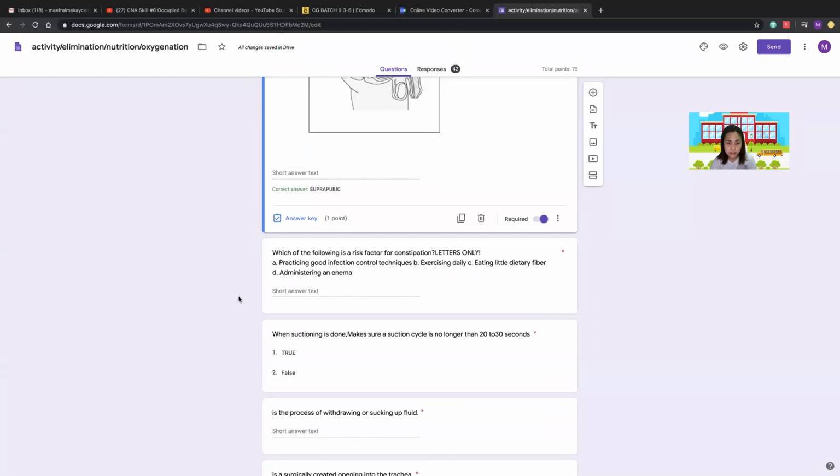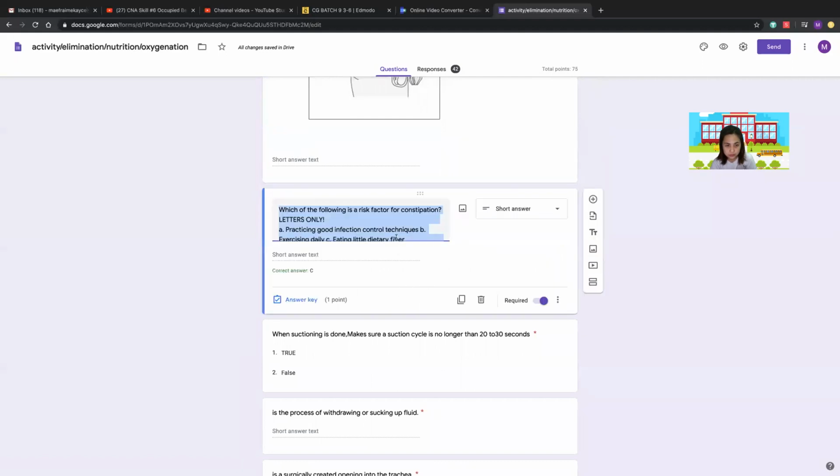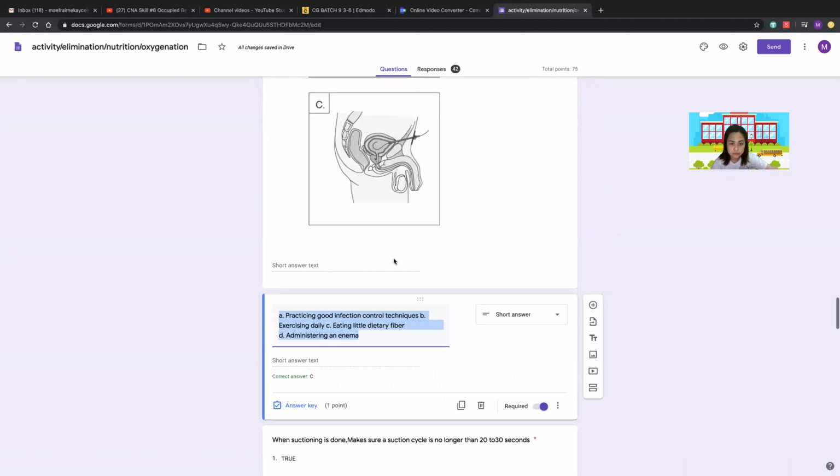Which of the following is a risk factor for constipation? Letters only. A, practicing good infection control, is not the answer.